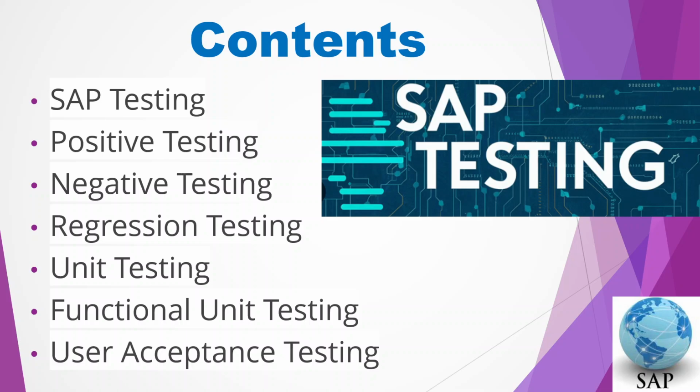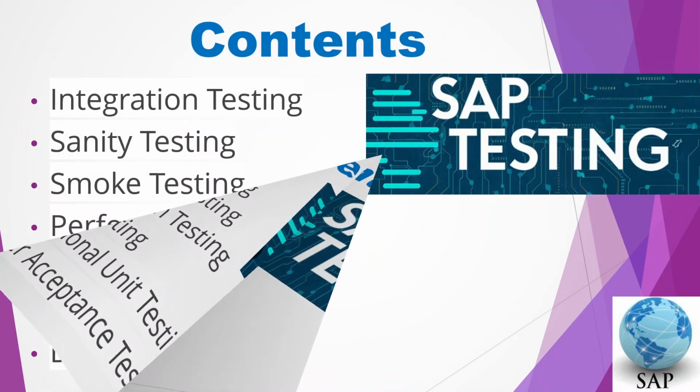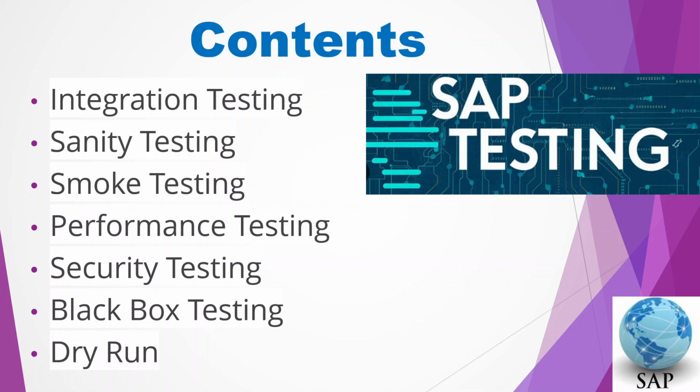Then we will understand regression testing, unit testing, functional unit testing, user acceptance testing, otherwise also called UAT. Then we also have integration testing, sanity testing, smoke testing, performance testing, security testing, black box testing, and dry run.